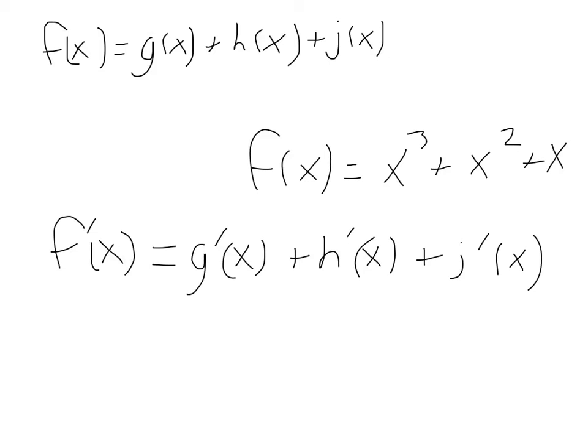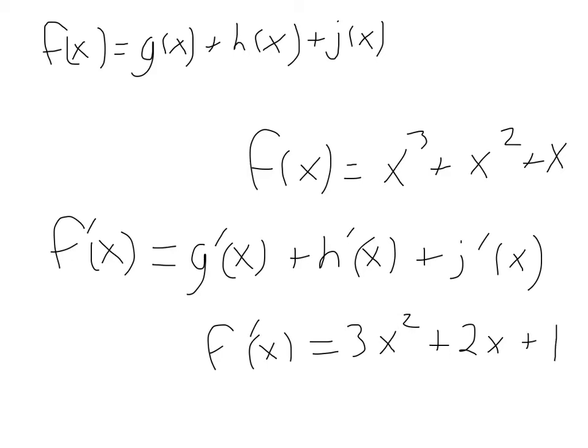In our example, f prime of x is just the derivative of this plus the derivative of this plus the derivative of this. The derivative of x cubed from the power rule is 3x squared, and I add it to the derivative of x squared, which is 2x, and I add it to the derivative of x, which I know is 1.